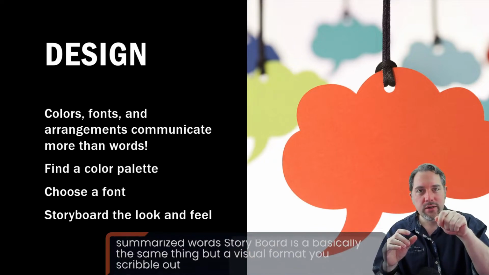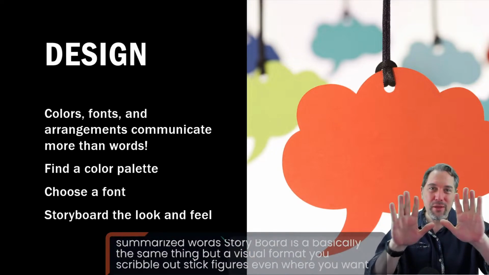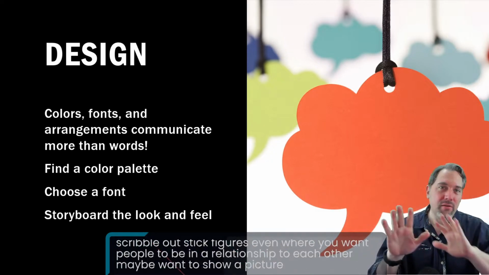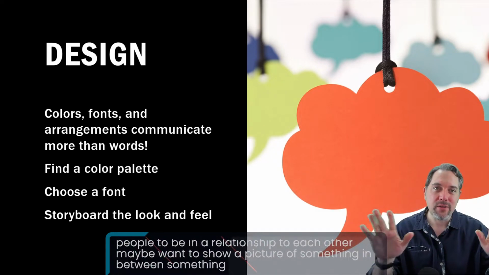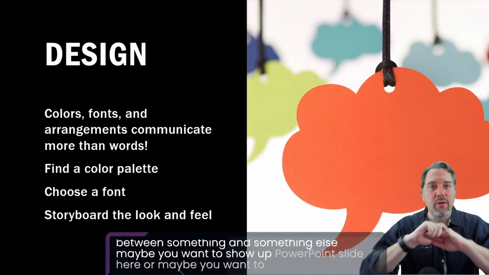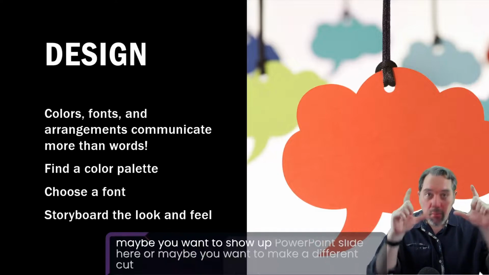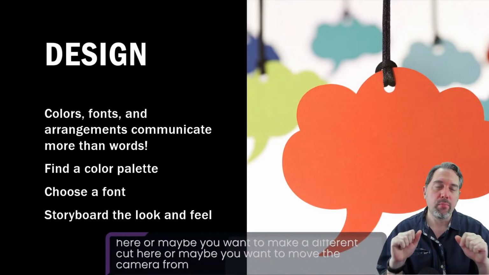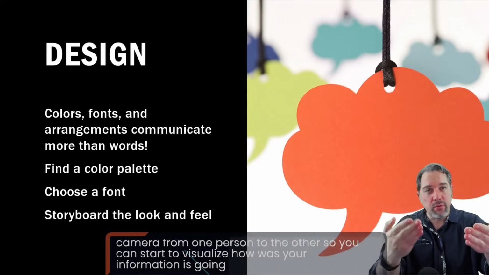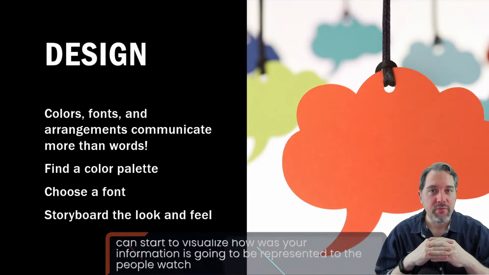You scribble out stick figures even, where you want people to be in relationship to each other. Maybe you want to show a picture of something in between something and something else. Maybe you want to show a PowerPoint slide here, or maybe you want to make a different cut here, or maybe you want to move the camera from one person to the other. So you can start to visualize how your information is going to be represented to the people watching your video.